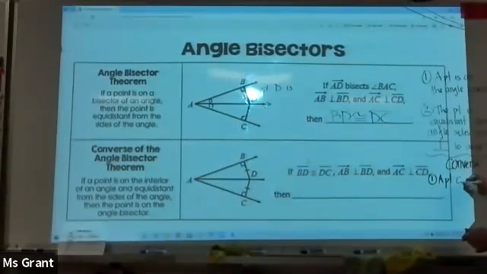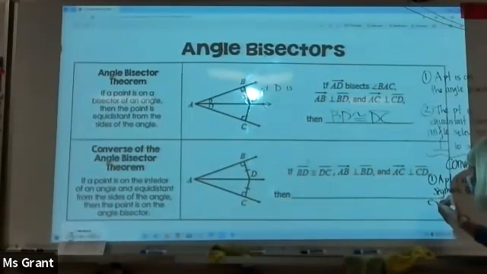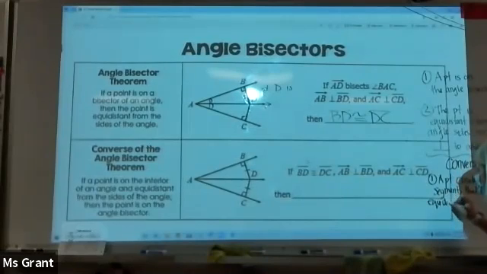A point creates two segments that are equidistant. Equidistant, and of course they're going to be perpendicular. And perpendicular.